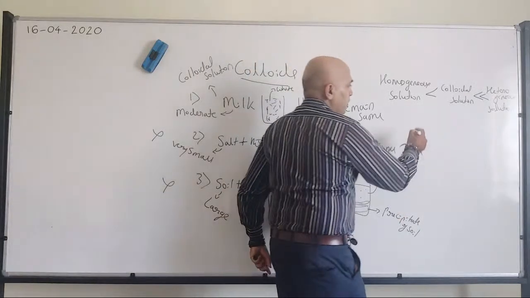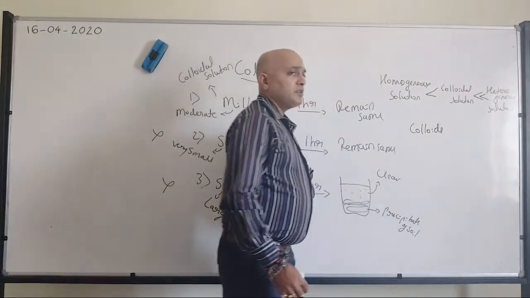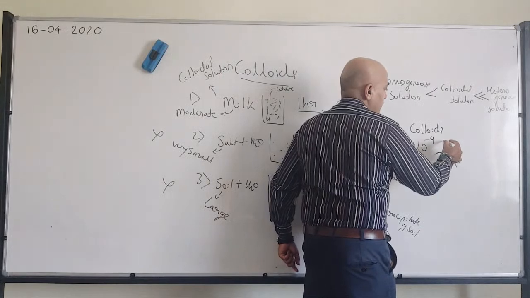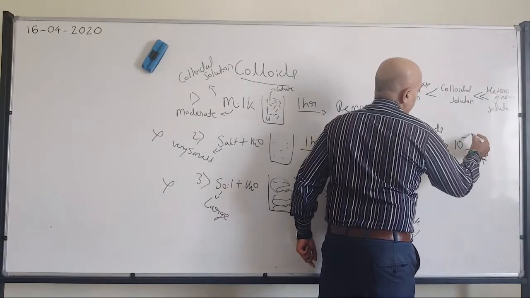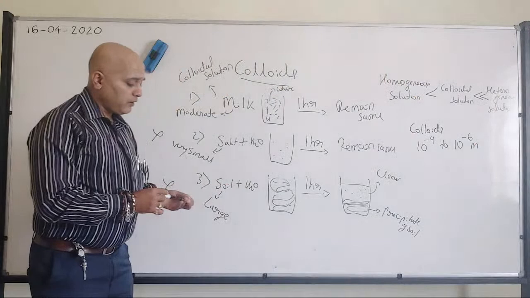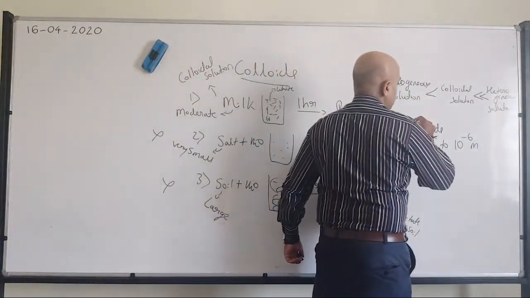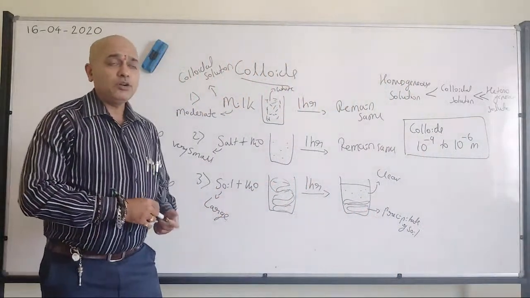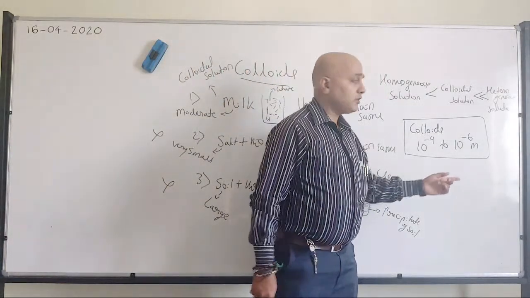Now when I am talking about the size of the colloids, they can range from 10 to the power of minus 9 to 10 to the power of minus 6 meter. This one you should remember. Okay? So 10 to the power of minus 9 to 10 to the power of minus 6 meter I am telling, not nanometer or millimeter.